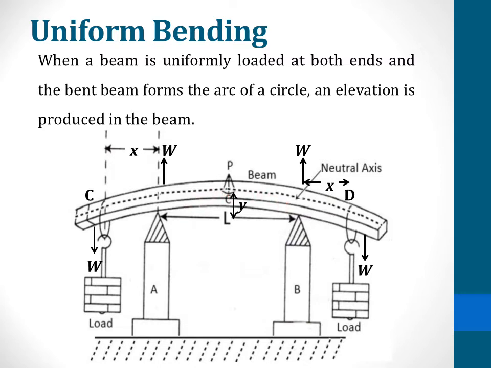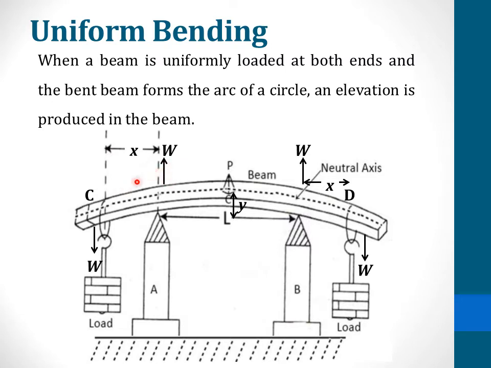There are two forces acting on either section of the beam. There is a downward acting tensile force and a corresponding opposite force at the knife edge, and this force is called the reaction.